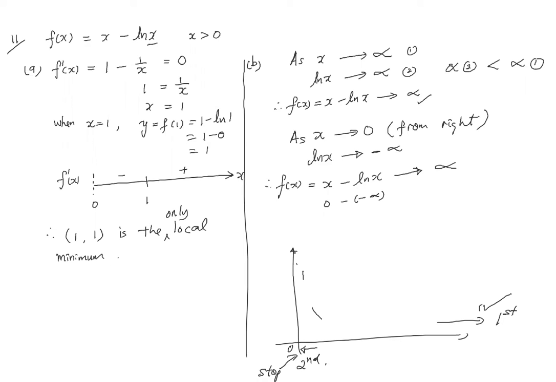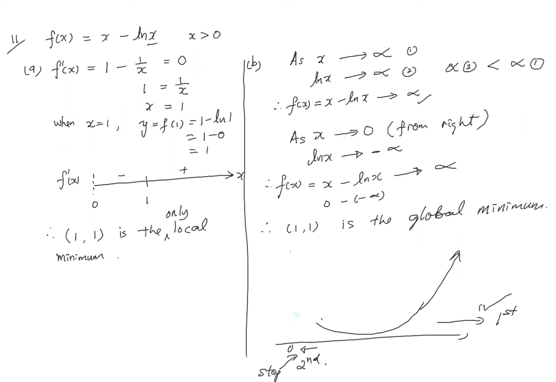This direction goes like that. This direction goes like that. So therefore you prove that 1 is the global minimum. Hello? Am I right? So you have done that.